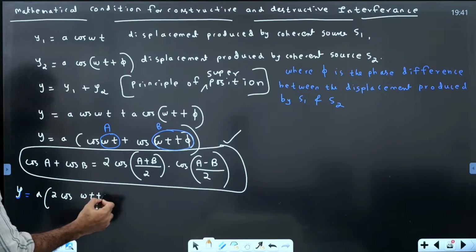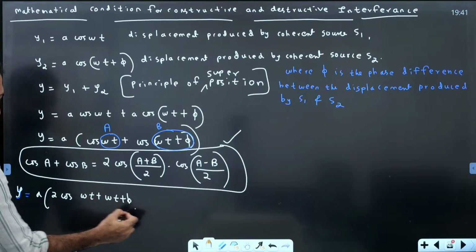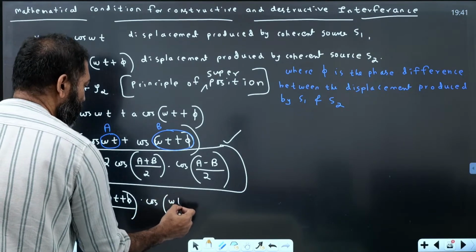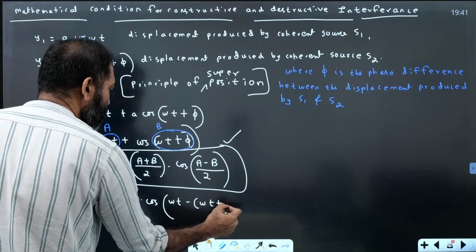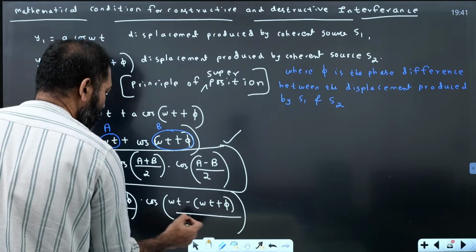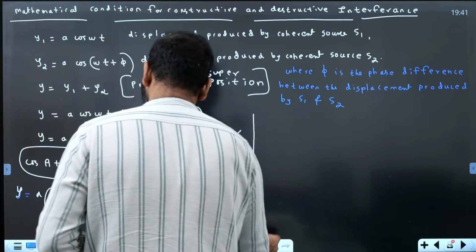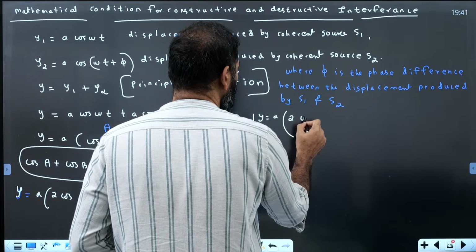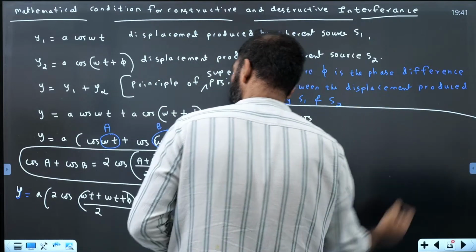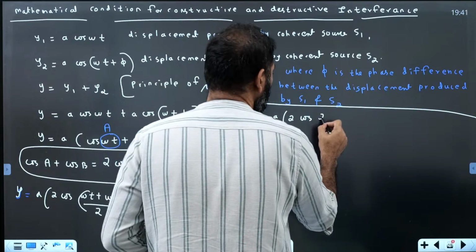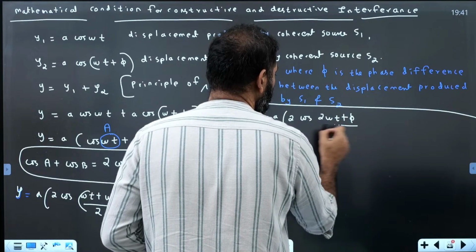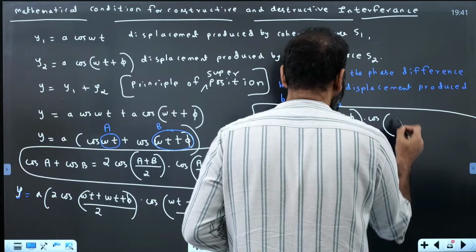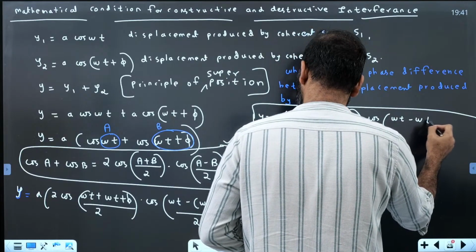of (omega t plus omega t plus phi) by 2 into cos of (omega t minus omega t plus phi) by 2. So y is equal to A into 2 cos of (2 omega t plus phi) by 2 into cos of (omega t minus omega t minus phi) by 2.